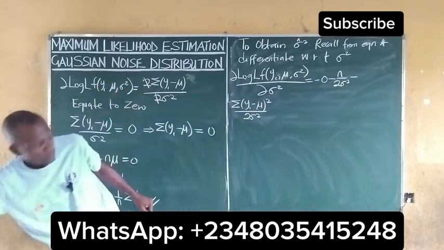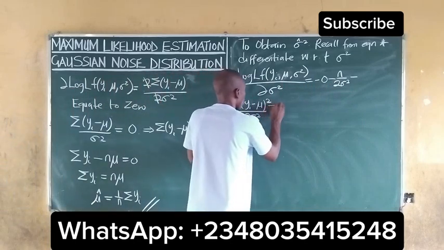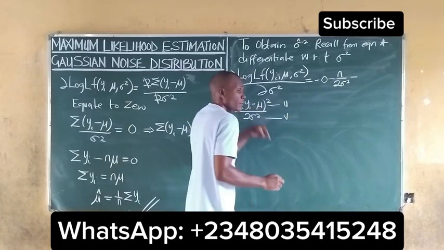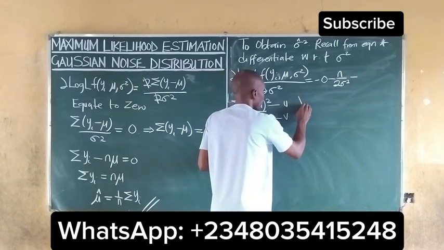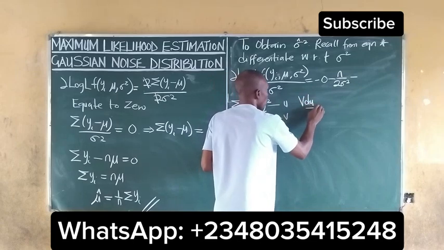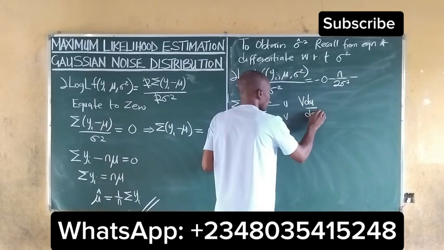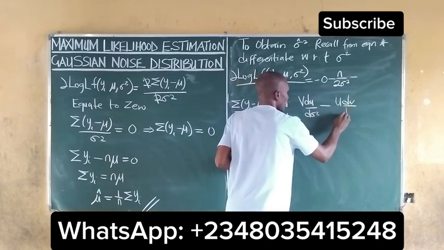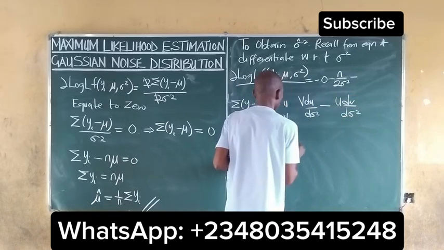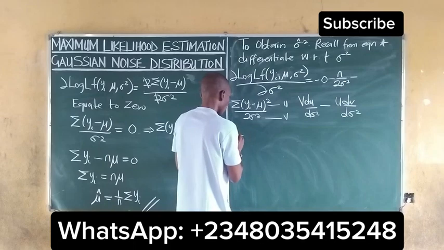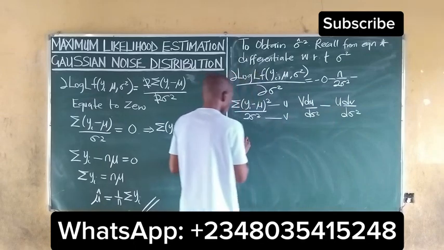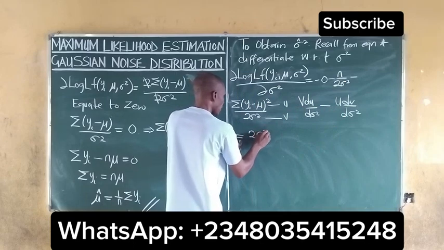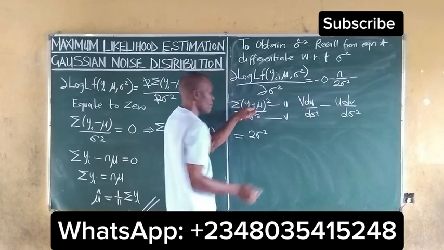So this will become our u and this will become our v. For the quotient rule, we know that it is v du all over dsigma squared minus u dv all over dsigma squared. We bring down our v, which is 2 sigma squared, times du all over dsigma squared.